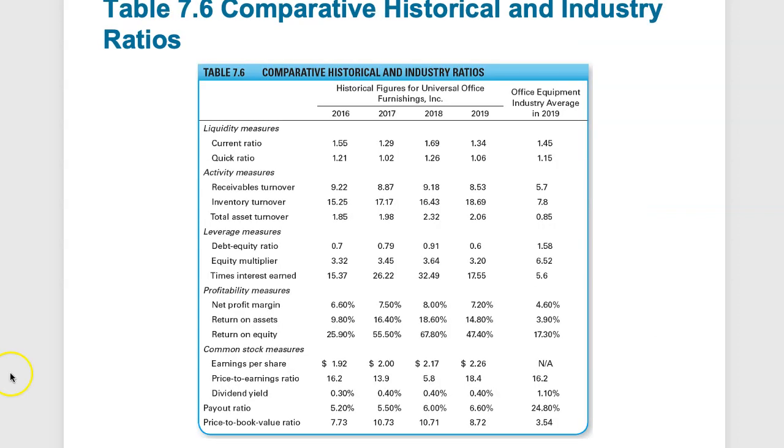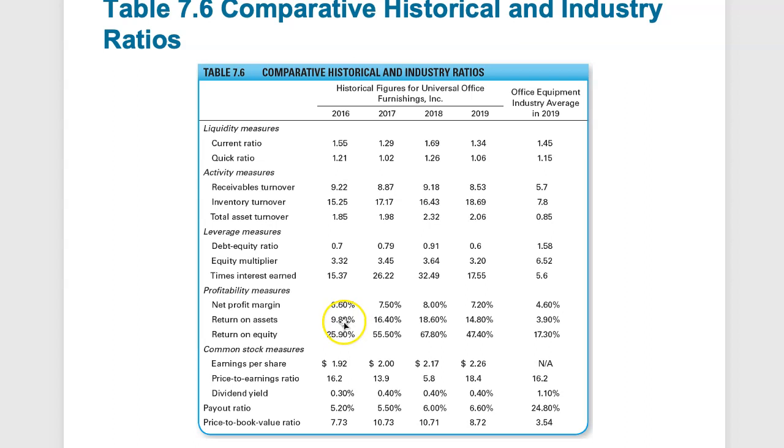So here's an example. We could look at this company. Here's the historical data from 2016 to 2019. We could organize the ratios from liquidity, activity, leverage, profitability, and common stock measures. And we could see, through time, if you go down to the profitability measures, that net profit margins have been increasing, and came down a little bit from 2018 to 2019.